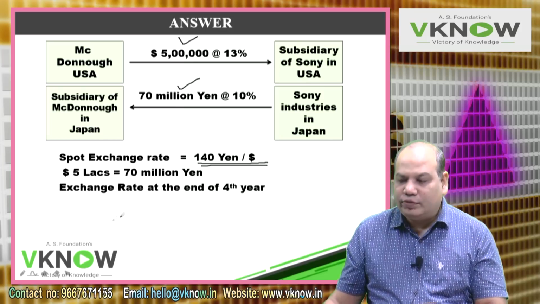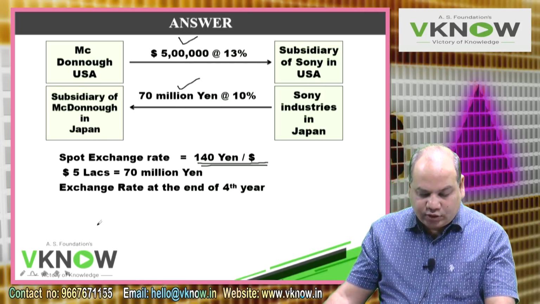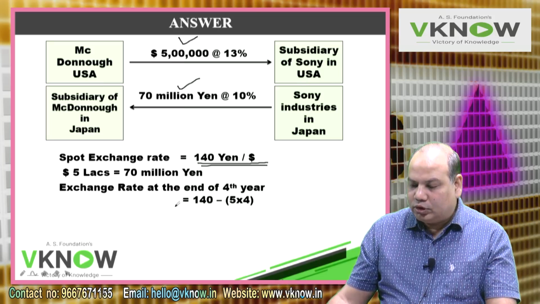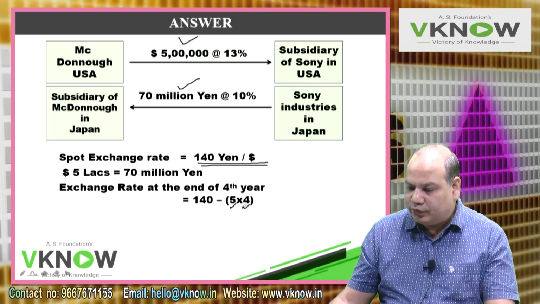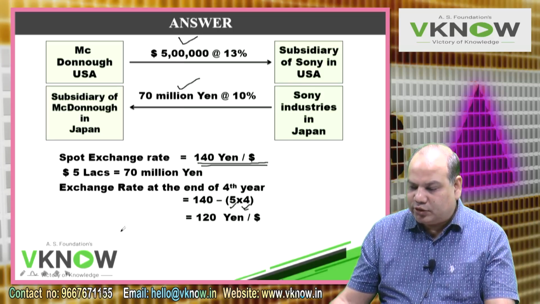Exchange rate at the end of the fourth year. The problem says exchange rate will decline by 5 yen per dollar every year for 4 years. So 140 minus 5 into 4. 140 minus 20 is 120 yen.